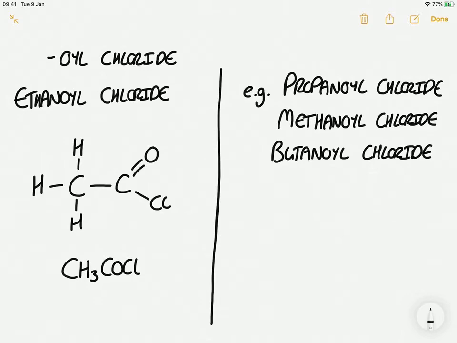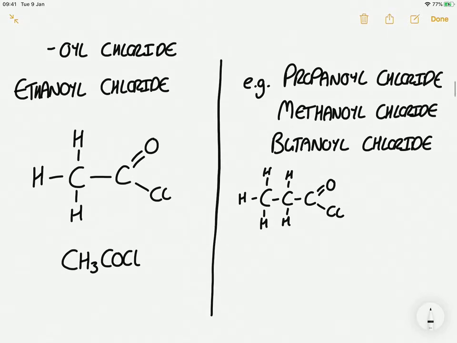Okay, if you've had a go at those, just to double check. Propanoyl chloride, 3 carbon atoms. Methanoyl chloride, 1 carbon atom, so there's only really room for a single hydrogen. This is kind of like when you have methanoic acid or methanal.